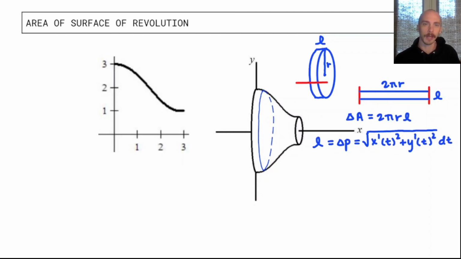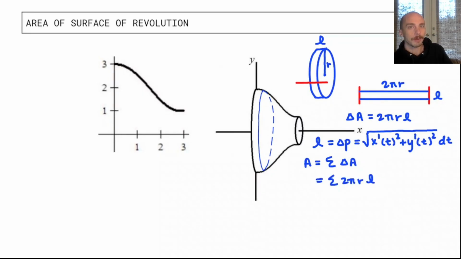And so L is one of those delta s's that I was just talking about, which is the square root of x prime of t squared plus y prime of t squared dt. Or really, I guess it's the square root of delta x over delta t squared plus delta y over delta t squared, times delta t. But what we're thinking is that the total area is going to be the sum of all of these small areas. The small areas are 2 pi rL.